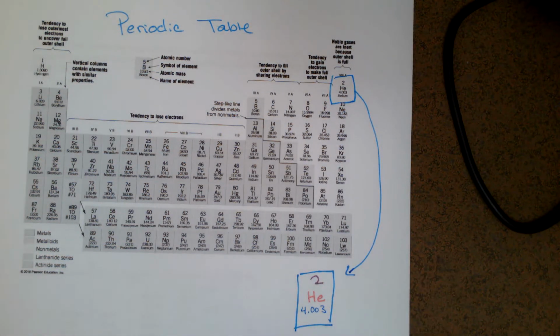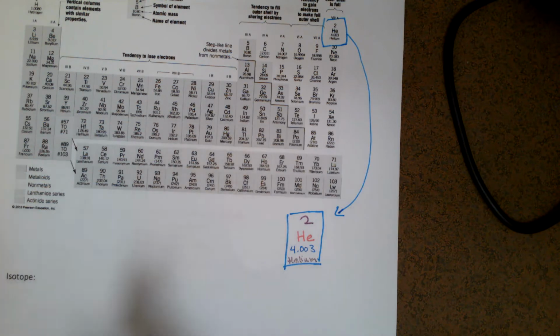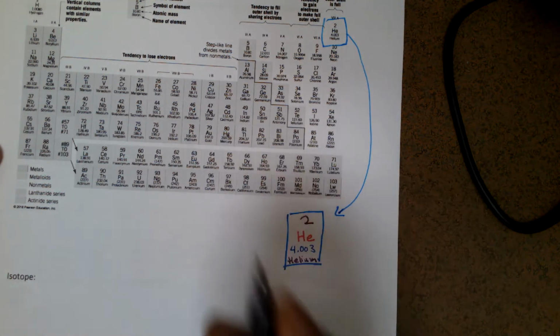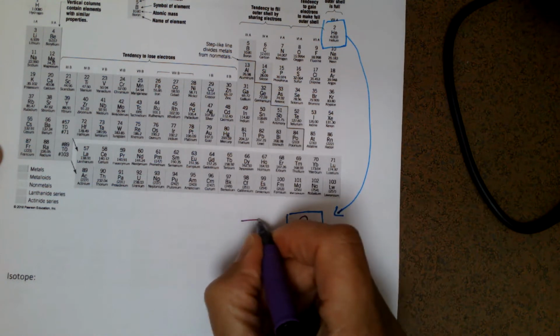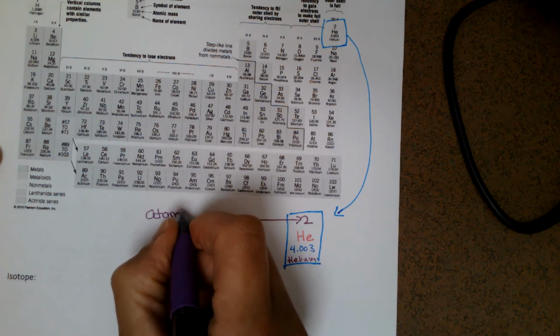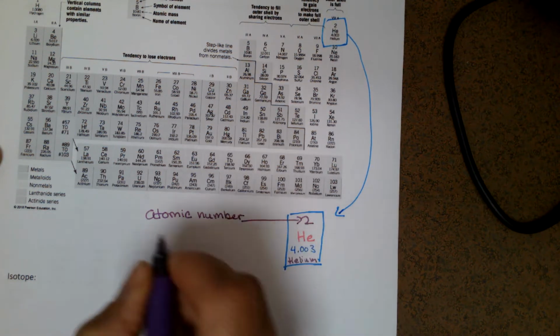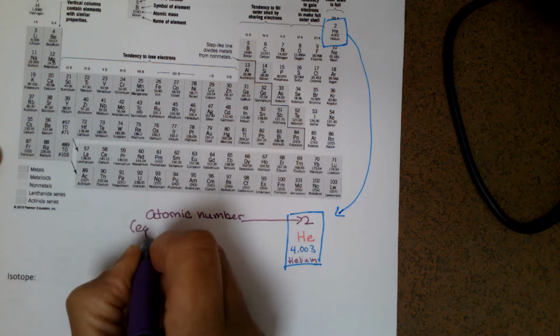And then at the very bottom, it has helium. That's each one of these things. And I color-coded it just a little bit to break it down a little better. So this right here is the atomic number. And this is equal to the number of protons.